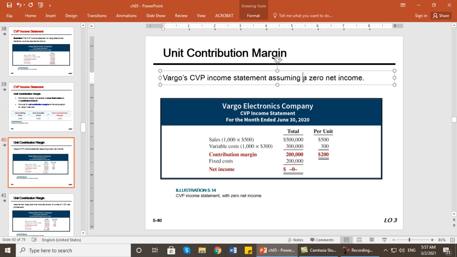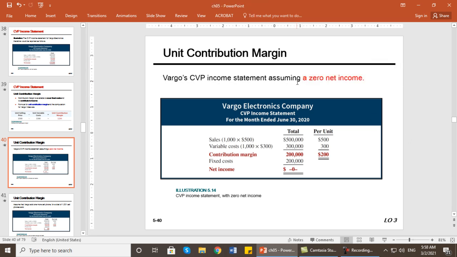Assuming a zero net income means we need sales only to cover fixed cost.